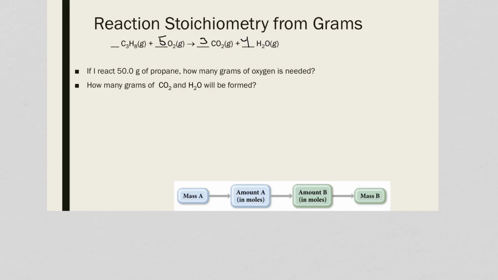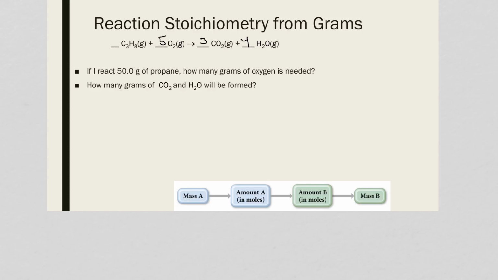Well, so now we're doing a mass base, right? In the previous one, we were going from molecules to molecules or moles to moles, and the key there is our ratio. But now we're going to combine these with some of the things that we learned in the last couple of chapters about converting moles into grams.